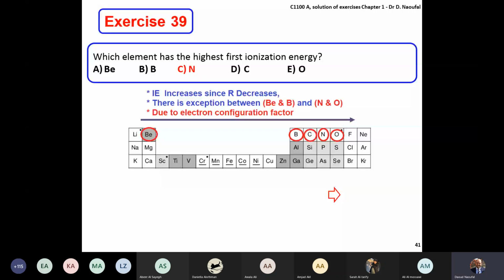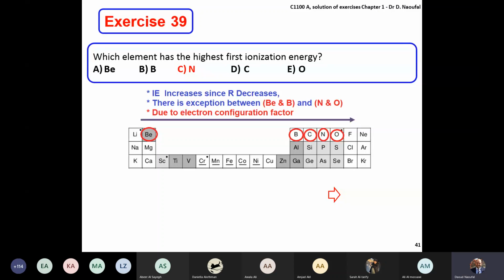When we talk about IE2, we transform X to X+, then X+ to X2+. So we talk about ions, and ions cannot be located in the periodic table. The periodic table is used only to describe IE1.